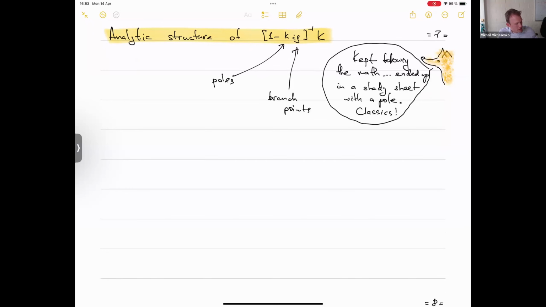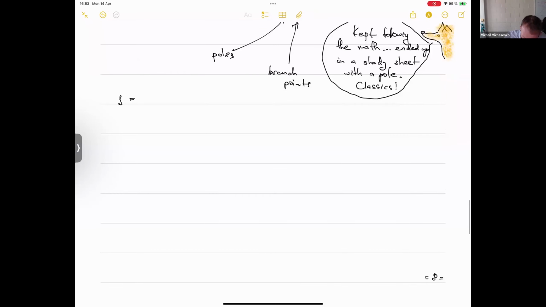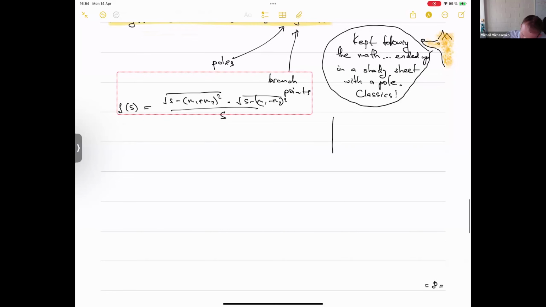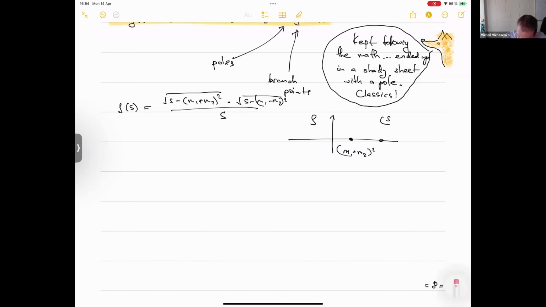The expression for rho reads as the product of 2 square roots: S minus the sum times S minus the difference, divided by S. If you plot the analytic structure of rho in the S plane, we see already from this expression that there is a branch point at m1 plus m2 squared and m1 minus m2.